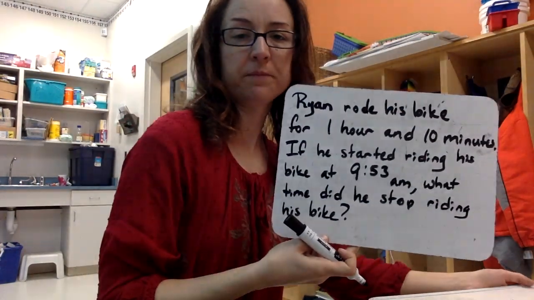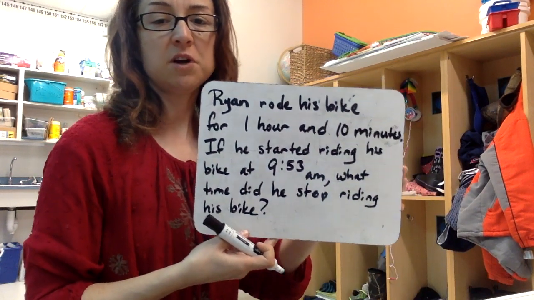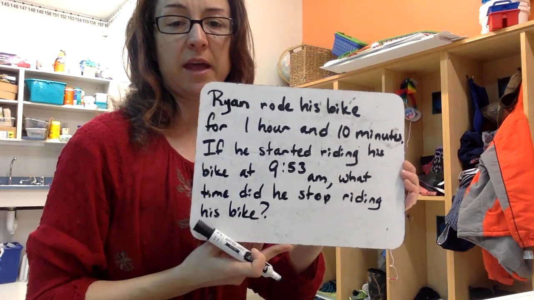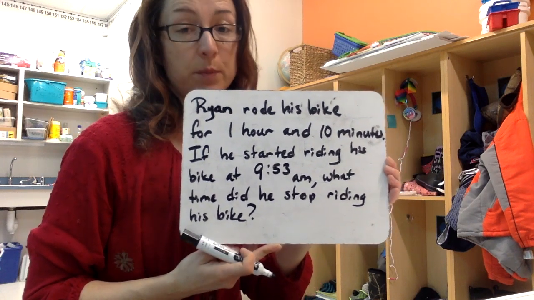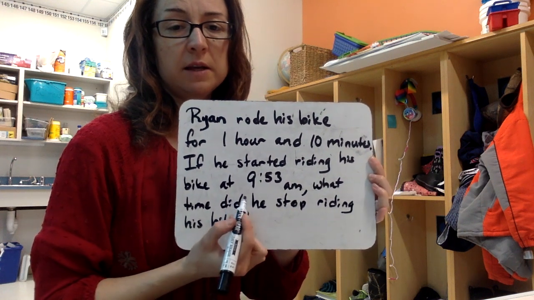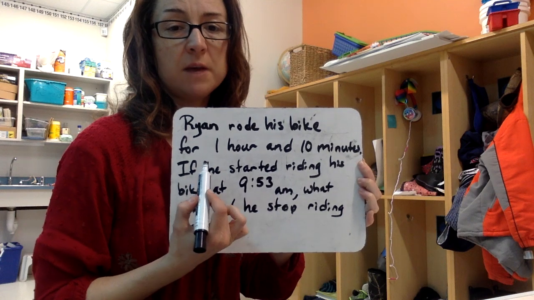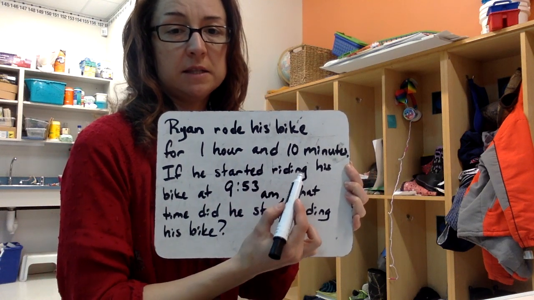Here's our word story. It says, Ryan rode his bike for 1 hour and 10 minutes. If he started riding his bike at 9:53 a.m., what time did he stop riding his bike? So we have a start time here. We've got 9:53 a.m. is his start time. And we have our elapsed time of 1 hour and 10 minutes.